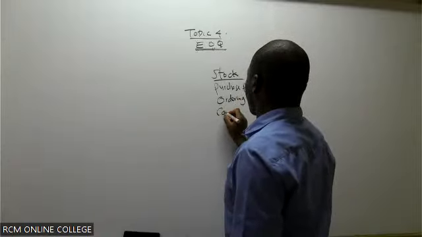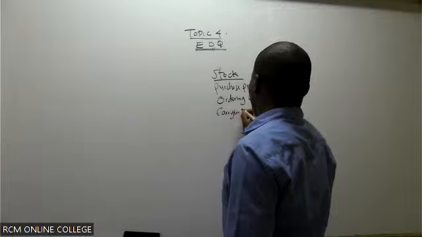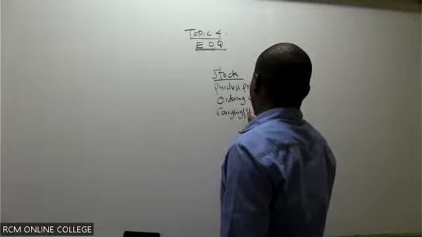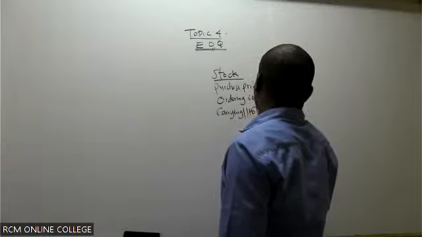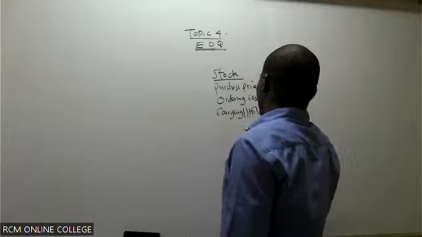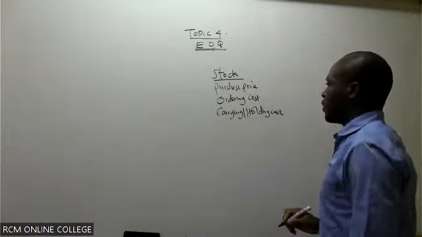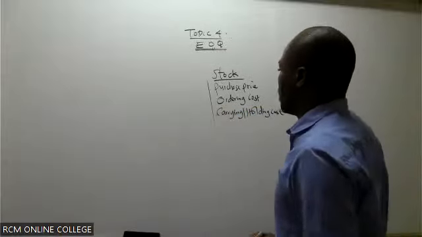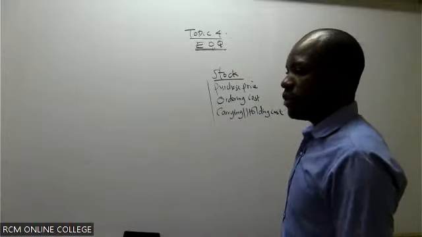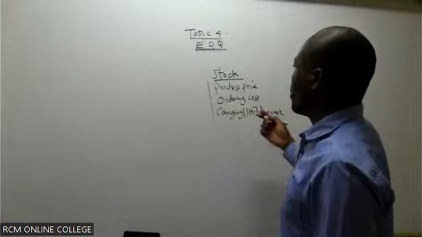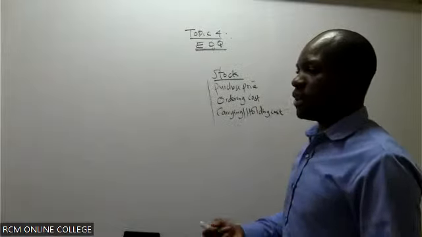We need to look at what we call carrying or holding cost. So these are some of the costs you are going to incur to bring this inventory into the company's premises. Of course, we now advanced to advanced management accounting.